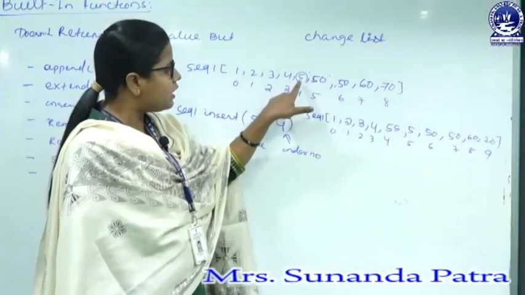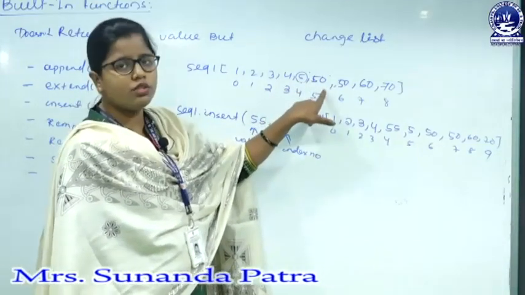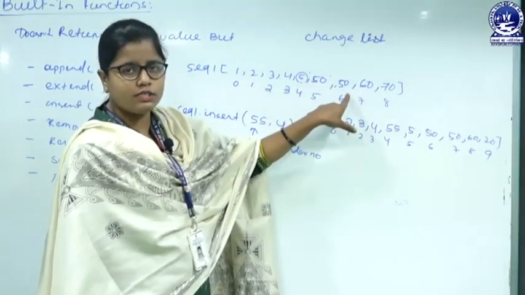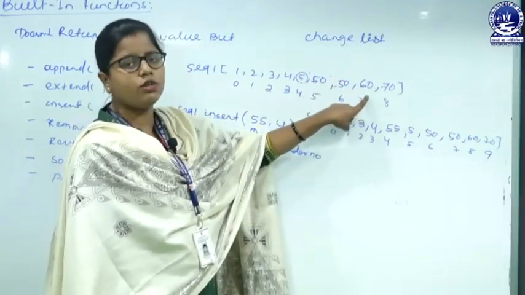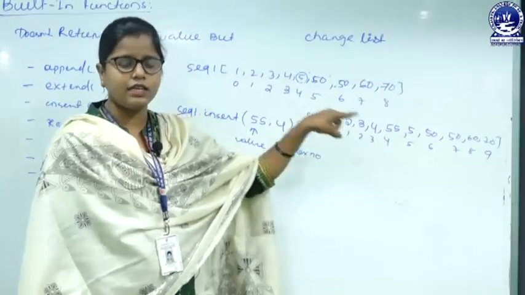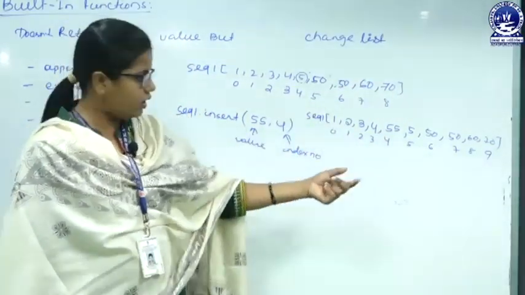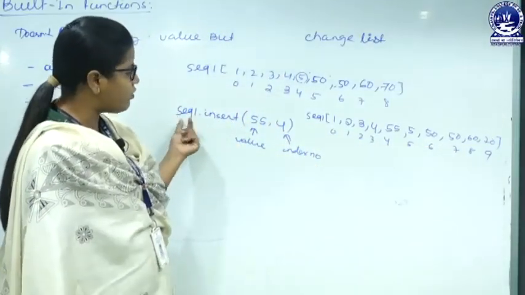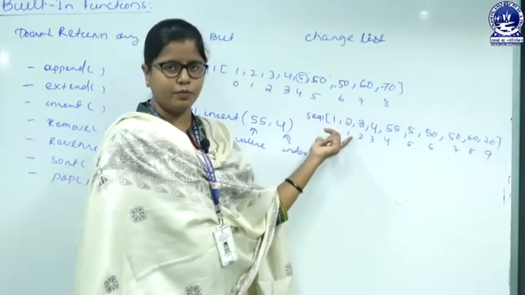That means the 5 will go to the 5th index, 50 will go to the 6th index, 50 again will go to the 7th index, the 7th index value will go to the 8th index, and the 8th index value will go to the 9th index. So if I print sequence 1, this will return that to me.